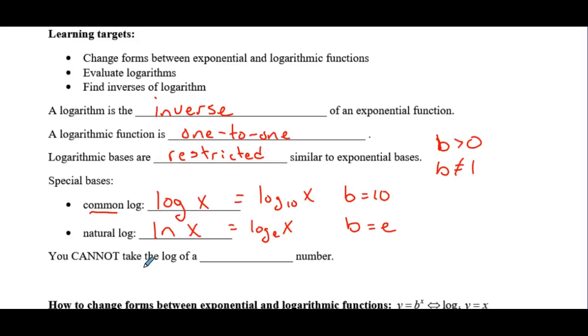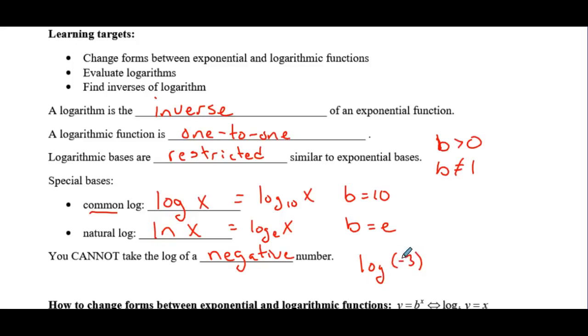The last property that we're going to talk about here is that you cannot take the log of a negative number. So in this case here, x will always be a positive value. Now, if that's been shifted left or right, of course, you can then get into some negatives, but in the end, you can't have something that looks like this, say log of -3.